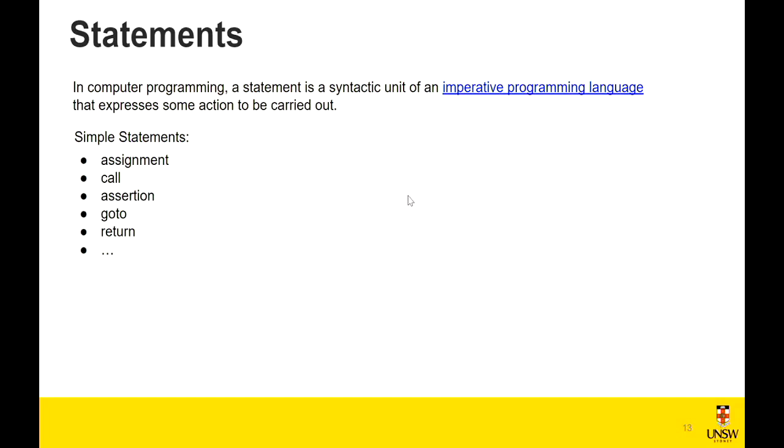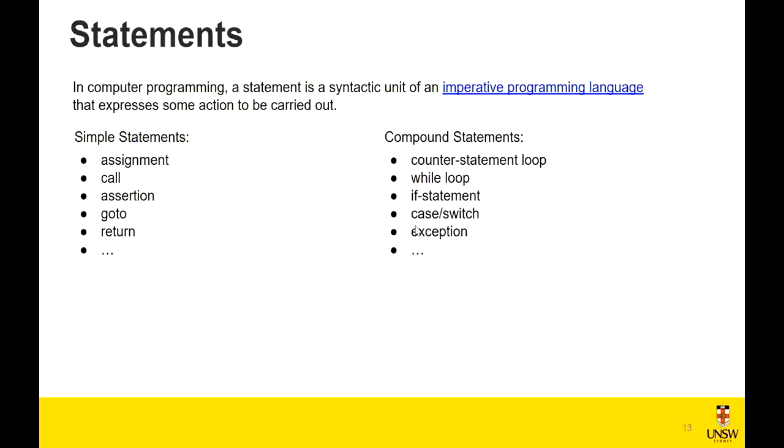And we could have calls to functions, we could have assertions, we could have gotos, which are just jumps, and we could also have returns as simple statements. And we could also have some compound statements like the counter statement loop, which is actually just a for loop.